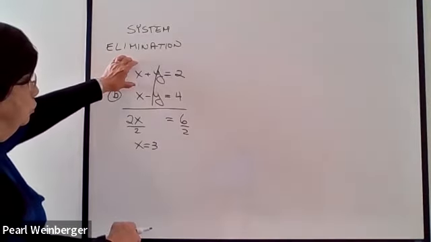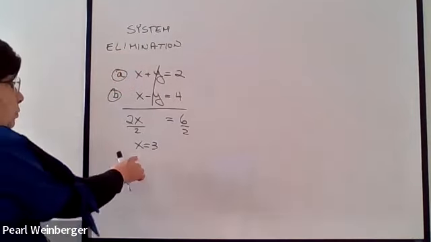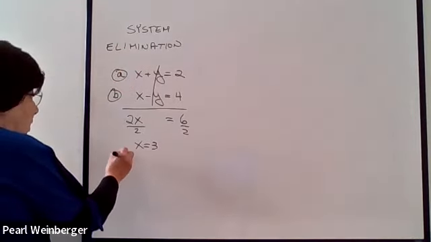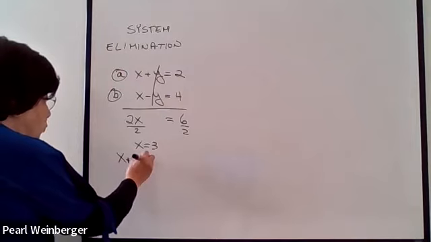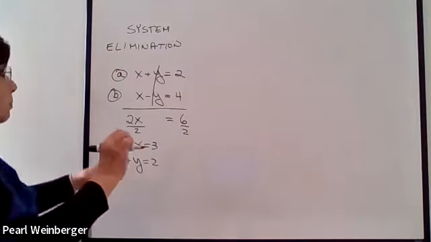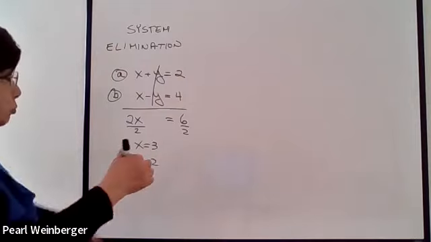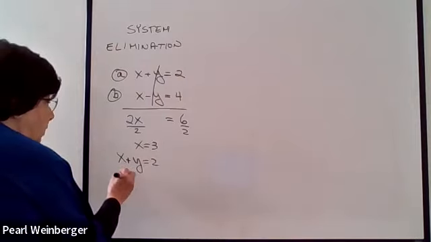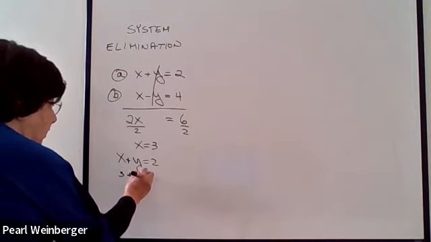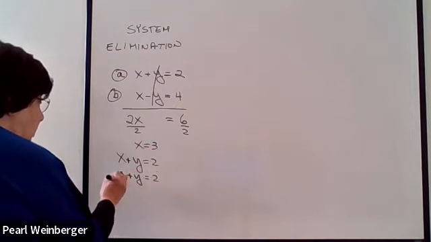So what we do is we take one of the original equations. I'll take the first one, x plus y equals 2. And replace, I now know what the x is, so I can replace the x with 3. That'll give me 3 plus y equals 2.